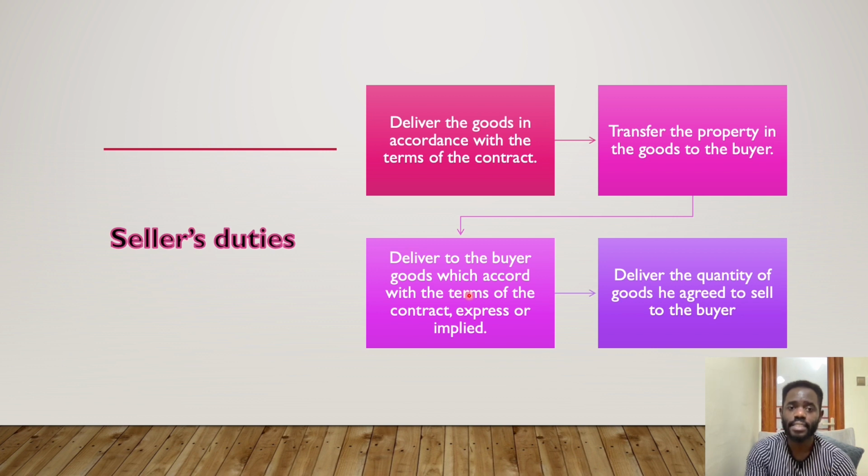This goes to show that you must actually deliver the quantity of goods that you agreed as a seller with a buyer. And remember, there are certain exceptions to this particular point that you're going to be discussing in more videos to come.